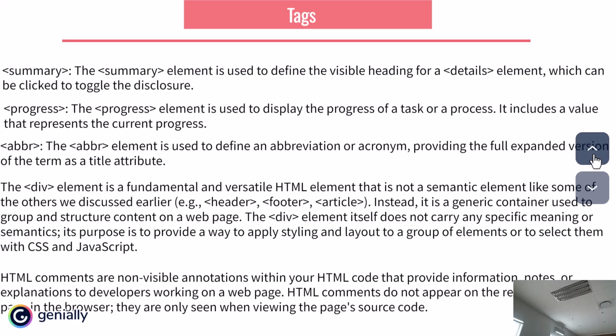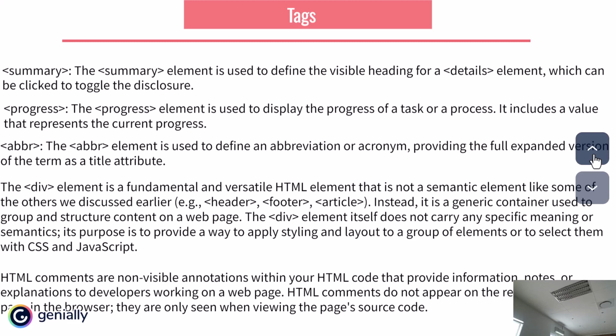Let me just read that again. The div element is a fundamental and versatile HTML element that is not a semantic element like some of the others we discussed earlier. Examples being header, footer, article. Instead, it is a generic container used to group and structure content on a web page. The div element itself does not carry any specific meaning or semantics.